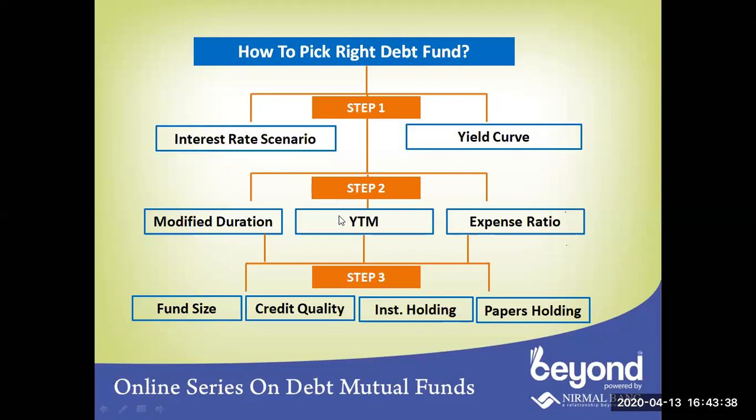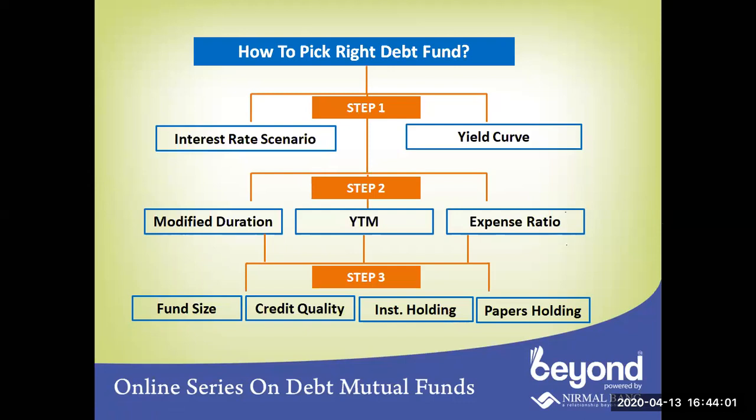The second step, when we come out with the fund basket, is to select those kinds of funds and then see the modified duration of those products. Suppose I pick a short term category, just to explain better.